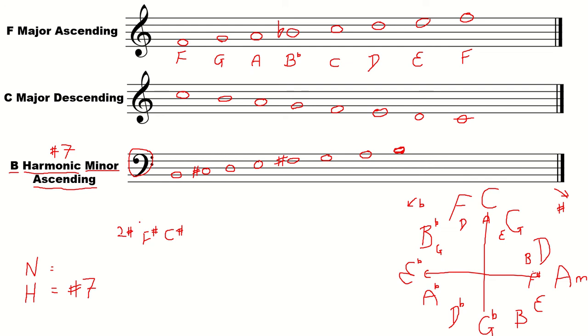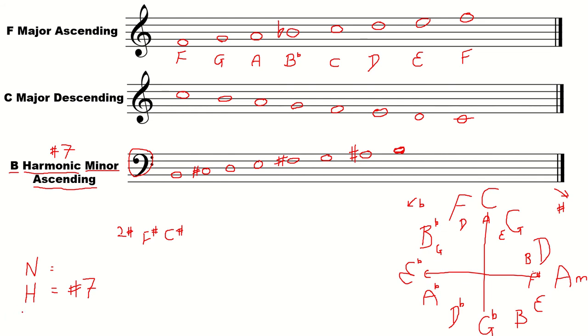So what does that mean? Once we've written out our minor scale, that's the natural minor. So we need to raise that 7th, which in this case would be A. So we're going to make that A sharp. Now, if this said natural, then we wouldn't put that in.